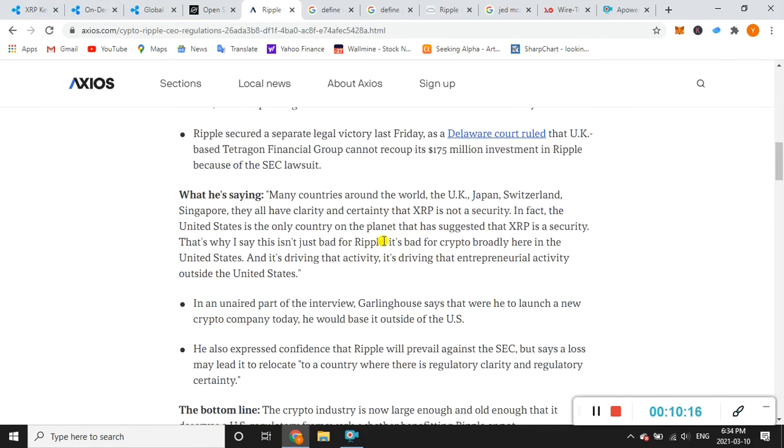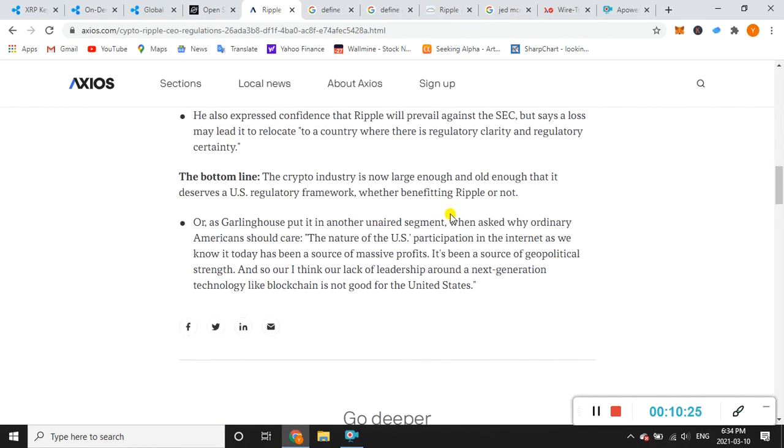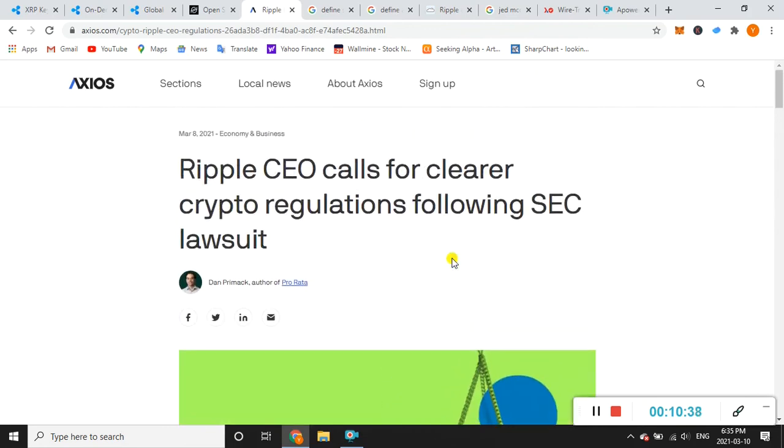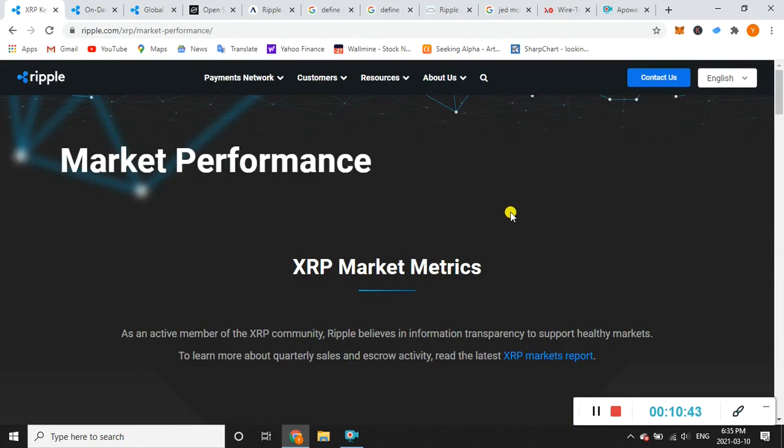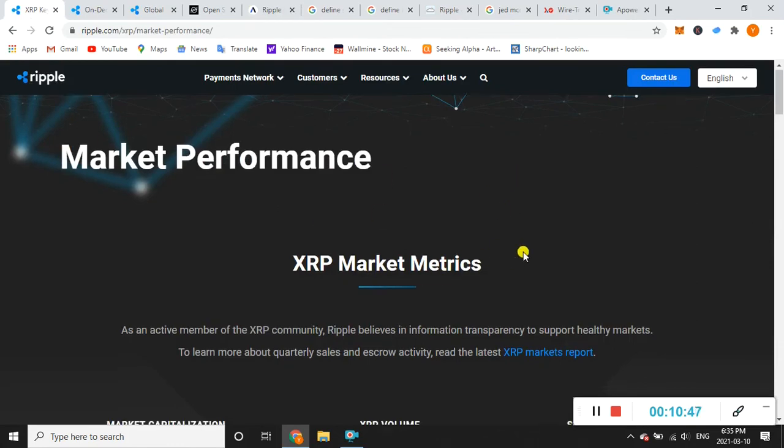The UK court just ruled that Ripple is seen as an asset instead of a security. That's basically the whole issue here. There's a whole bunch of understanding that needs to occur before we can get into the nitty-gritty of what that means for cryptocurrency if it's ruled as an asset or as a security. But in short, that's the long and short of it. I think personally, again, I'm not a financial advisor, but if I were you guys, I would seriously consider checking out Ripple. In a nutshell, that's what it is.